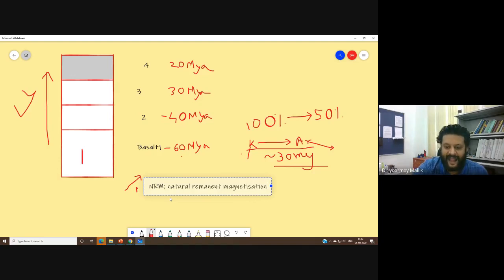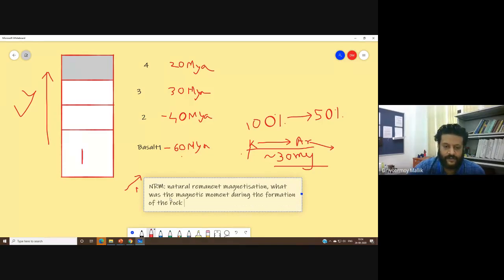Okay. And then what I try to find out is what was the magnetic moment during the formation of the rock.